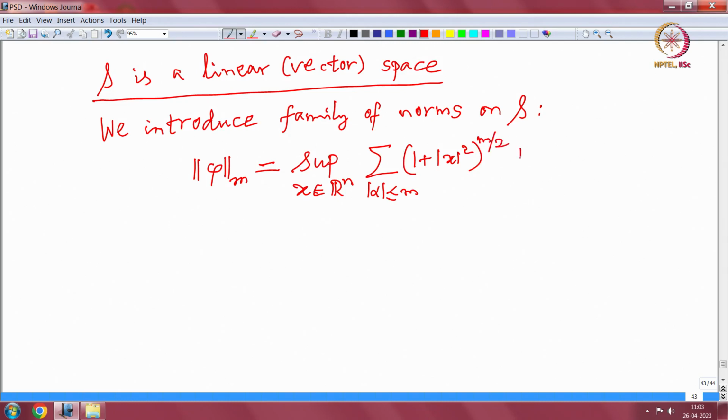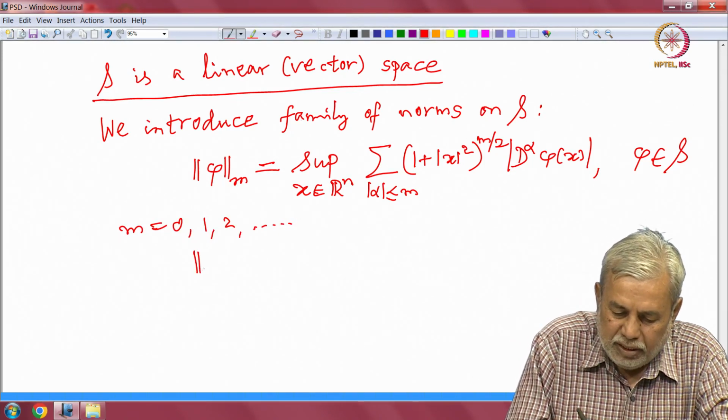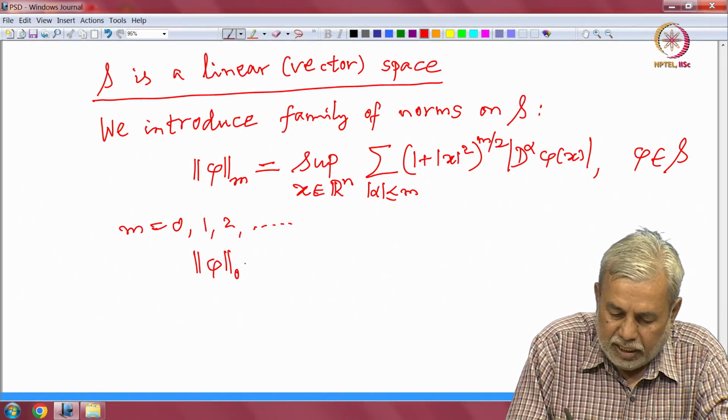Okay, so you can have different choices. So we are not using all the derivatives, but we are only using the derivatives up to order m. This is for m equal to 0, 1, 2, etc., all non-negative integers. Okay, so clearly we have this. So this is in increasing order.